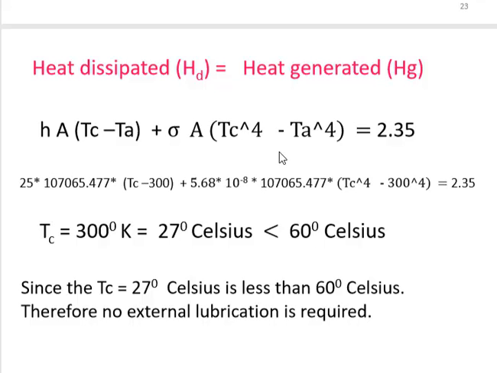When I equate that, I don't know Tc, that is the temperature of the casing. Other values are known. I substitute the known values and try to find out what Tc is, which turns out to be 300 Kelvin. That is 27 degrees Celsius.